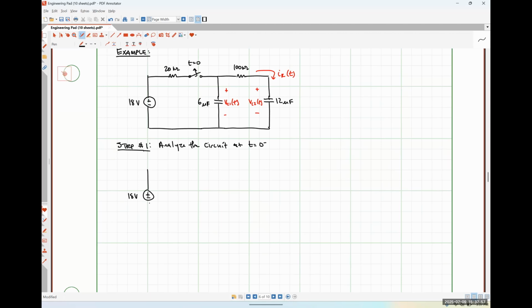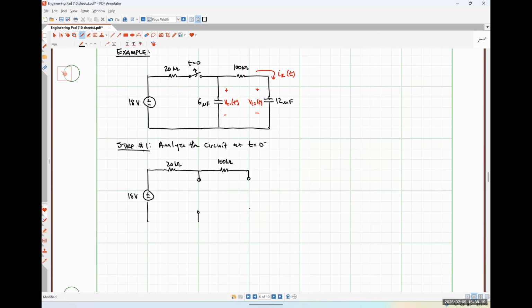So here's our 18-volt source. Here is a 20 kilo ohm resistor. Our switch is a short. Capacitor C1 is going to look like an open circuit. Here is our 100 kilo ohm resistor.